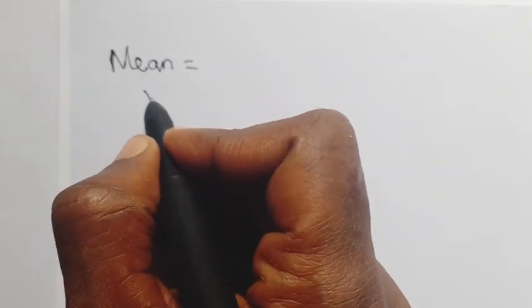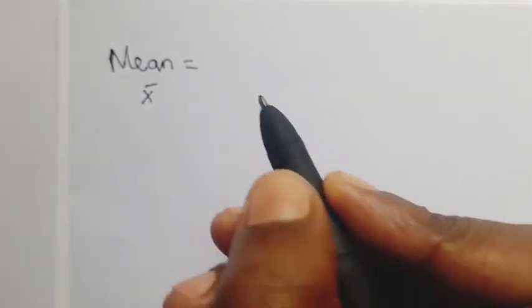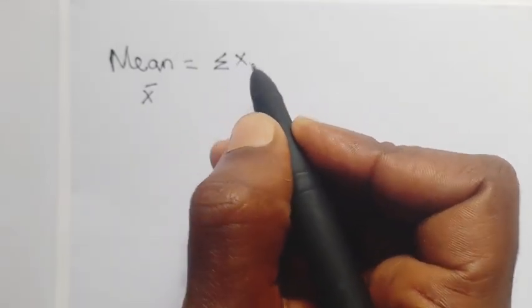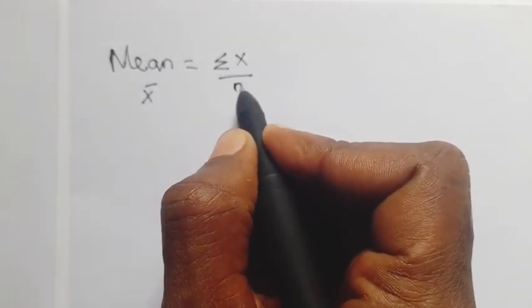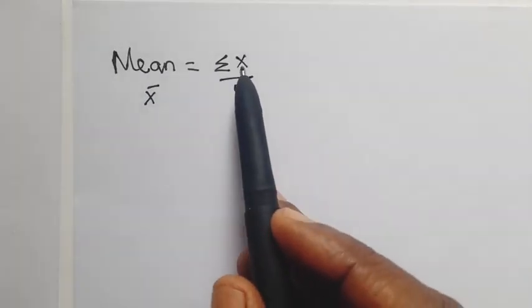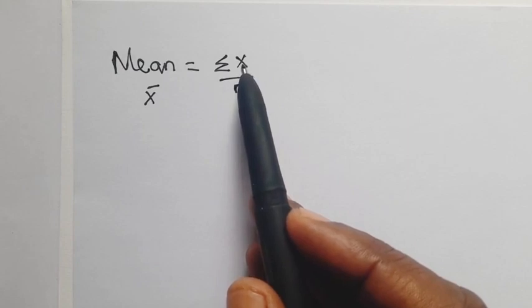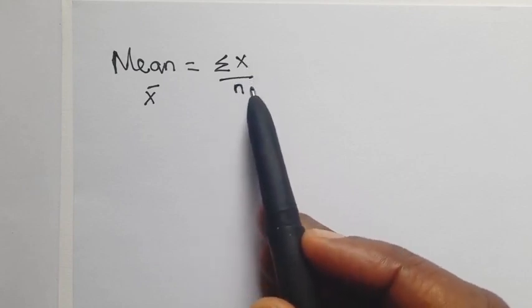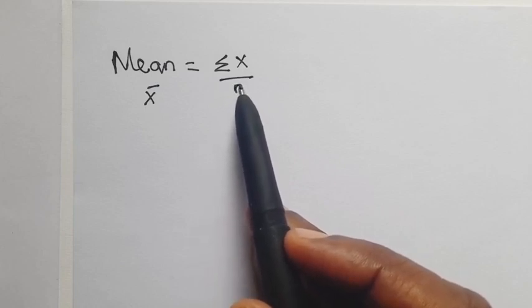It's normally given by a formula as x bar is given as sigma x, or summation of x, all over n, where summation of x means x are the observed values or the data, divided by the number.